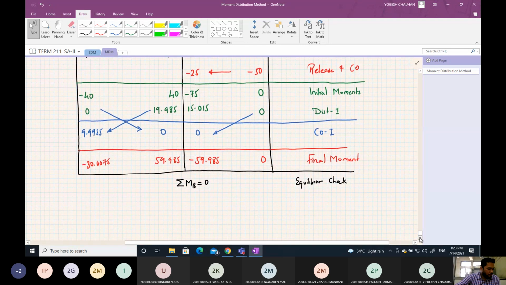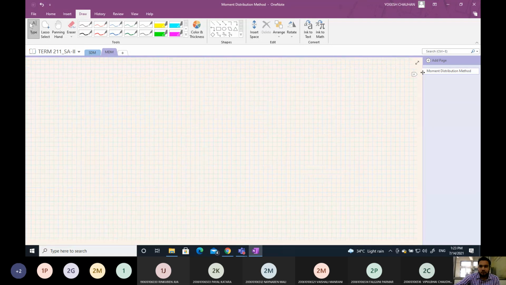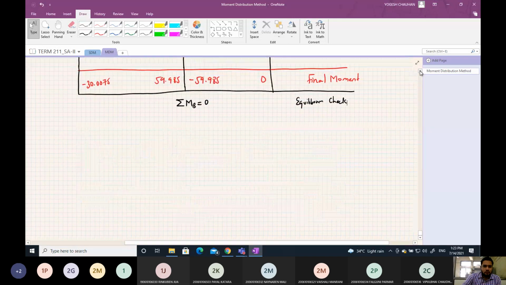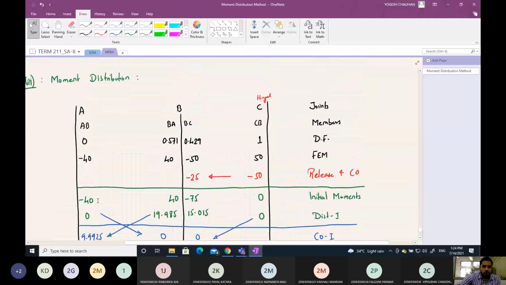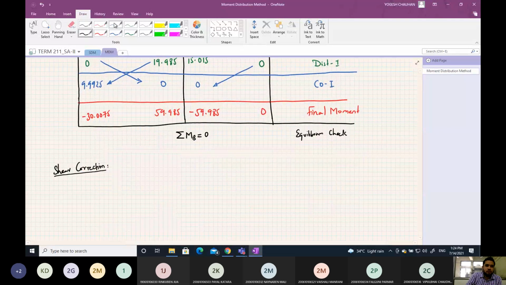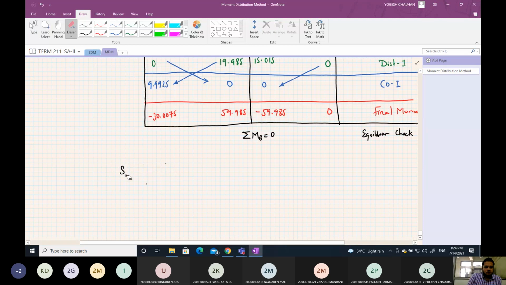Now you can also do the shear checks or shear correction, to draw the shear force diagram. So for that you need the shear force values, the freely supported value, and so here in continuation only we are calculating that.